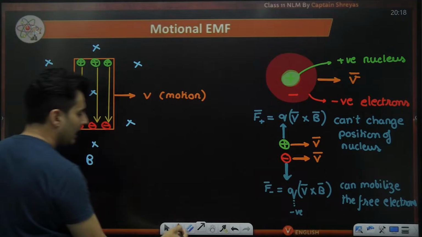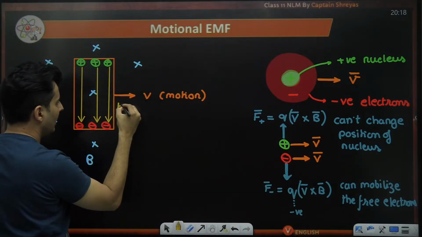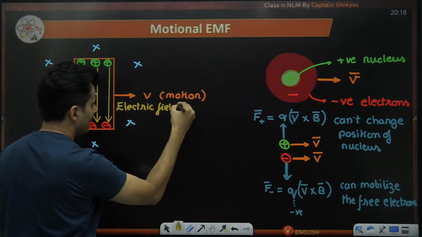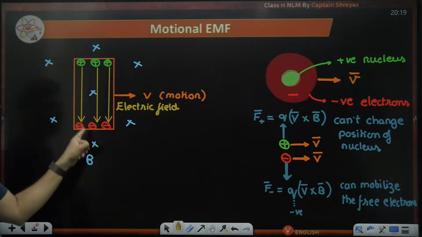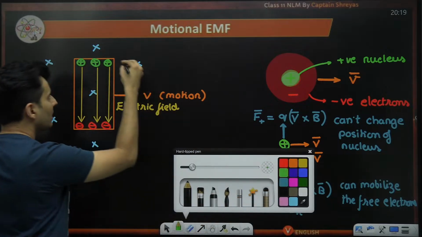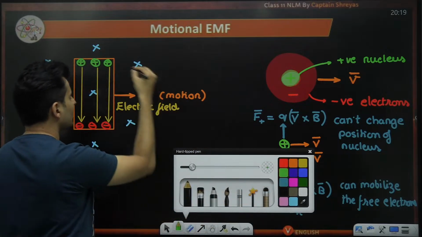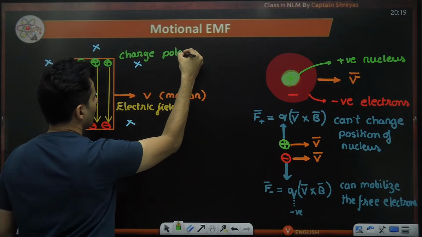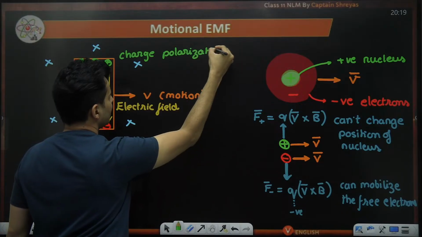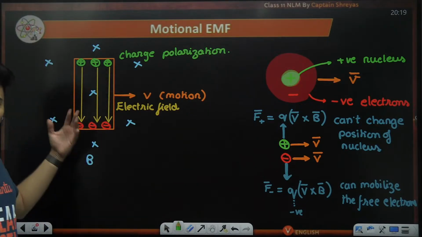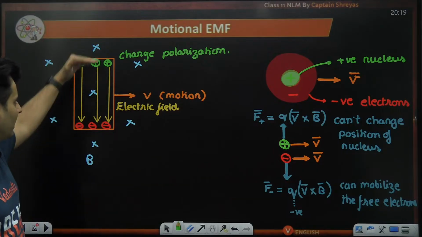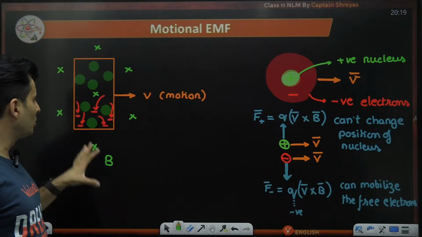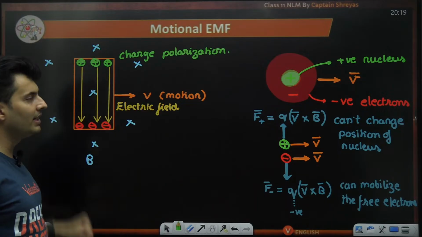This electric field has been created because of accumulation of charges, because of charge polarization of the conductor. Polarization means separating. So you have separated the positive and negative charges because of the magnetic force, because of the motion, and that is why an electric field has been created.